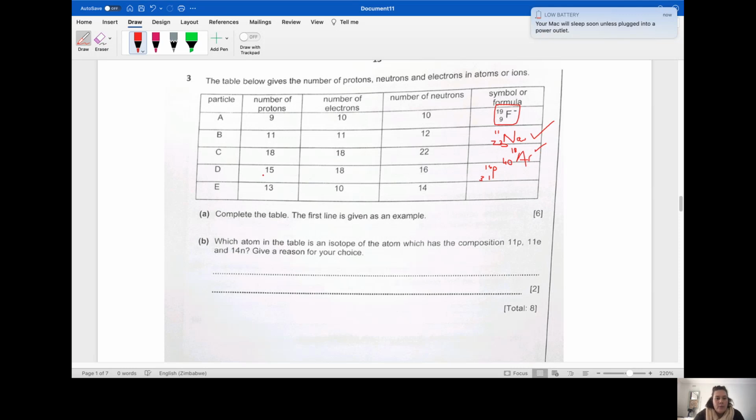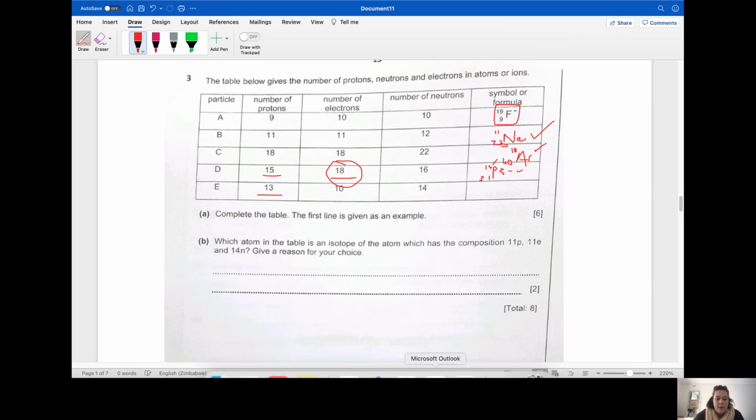But look at your protons and your electrons. You have 3 more electrons than you do protons. So this is actually 3 minus. Okay, so you get 1 mark for the symbol and you get 1 mark for the charge. You had to have 3 minus to get an extra mark there. Okay, you had to realize that you had 3 more electrons than you did protons.